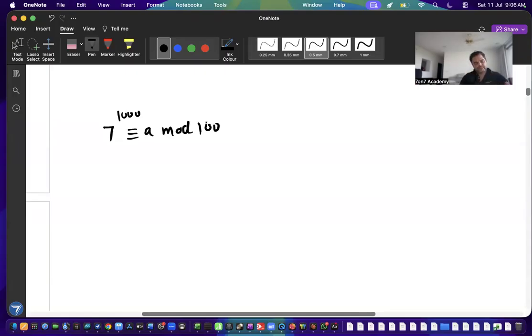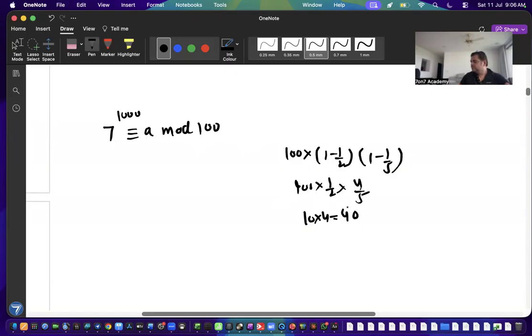We can find the totient function of 100. The totient function of 100 is 100 into 1 minus 1 over 2 into 1 minus 1 over 5. So you get 100 times 1 over 2 times 4 over 5, which gives 10 into 4, that is 40. The totient function of this is 40.